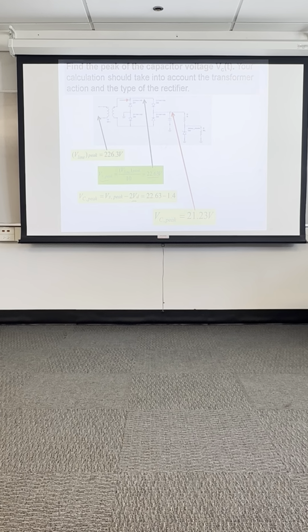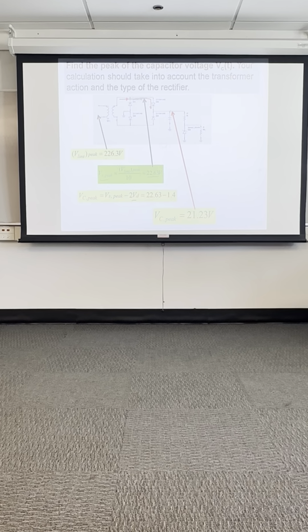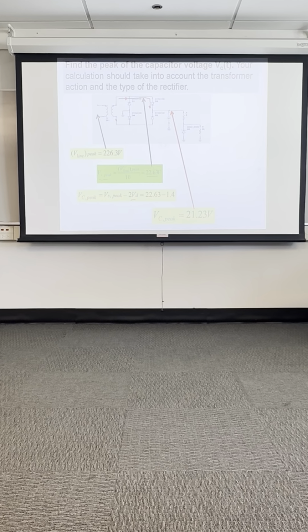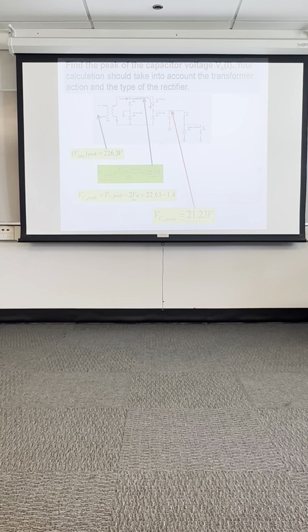So the AC will come over here and pass through D5. Now what happens to the AC? How does the AC get back to this point? This is the return for the AC. It's got to complete a loop.